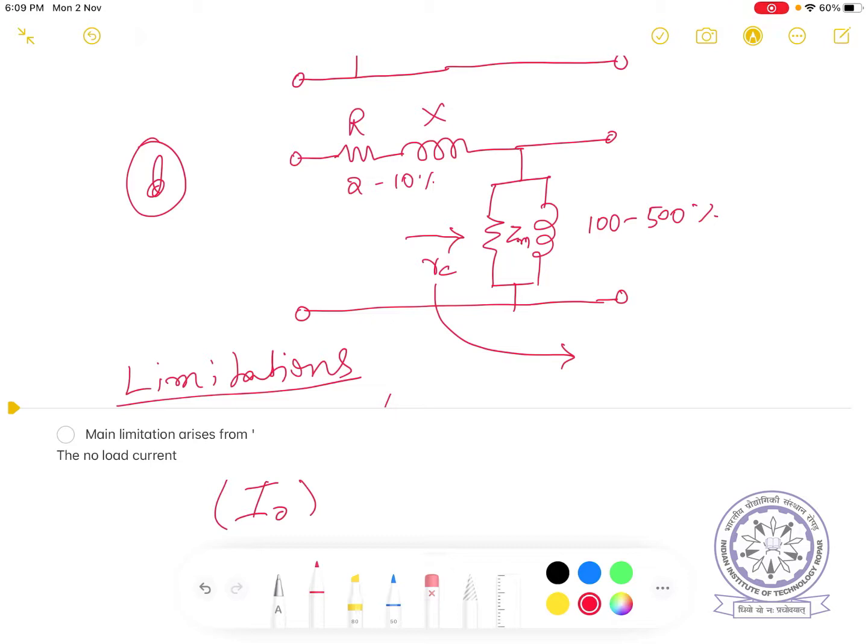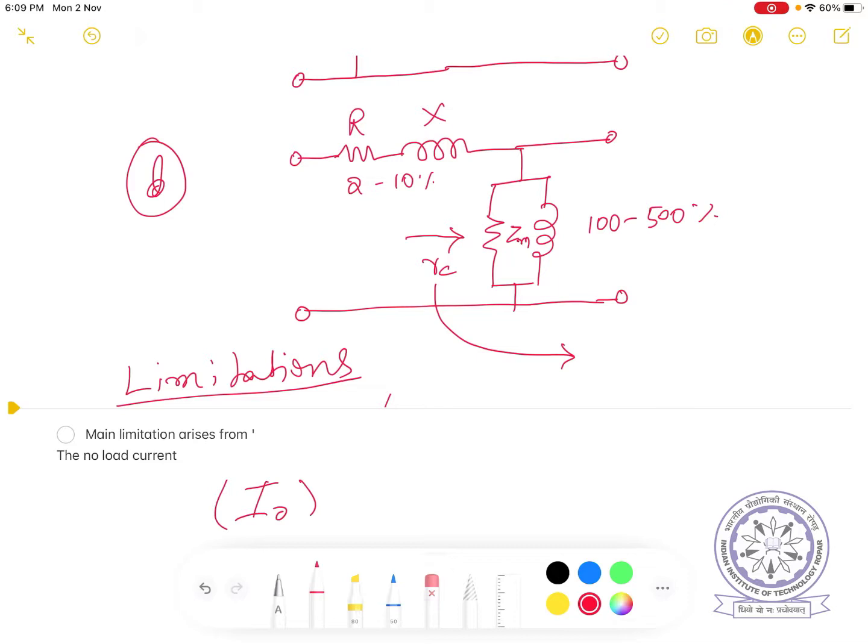We are using an equivalent circuit, but there is no physical equivalent resistance inside the transformer body or transformer tank. Whatever core loss is occurring, the same amount of loss will occur in RC. So that is why this is represented for convenience only, but it does not directly recognize the iron losses.